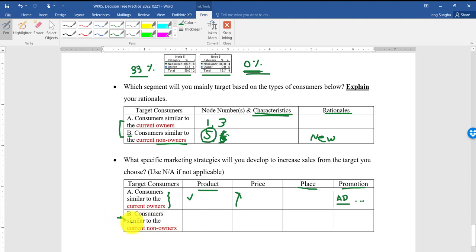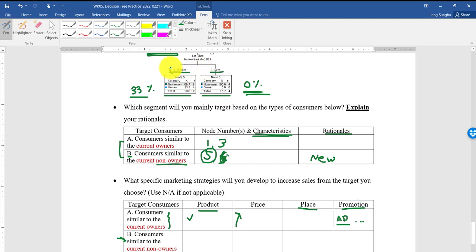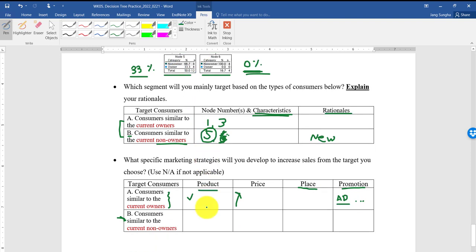If you target potential consumers who are similar to the current non-owners, product-wise, their lot size is middle, so that means they do not need large products. So maybe I can develop a new product, like a small-sized product. That would be one of my product strategies.